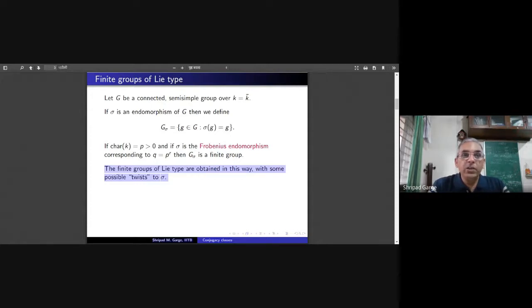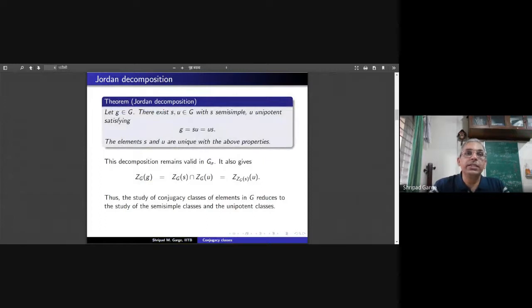Now we are studying conjugacy classes. This is one very important result that we are going to use: the Jordan decomposition. This is a very interesting result. We are going to use it once again later in the lecture, and I will explain it again at that time.